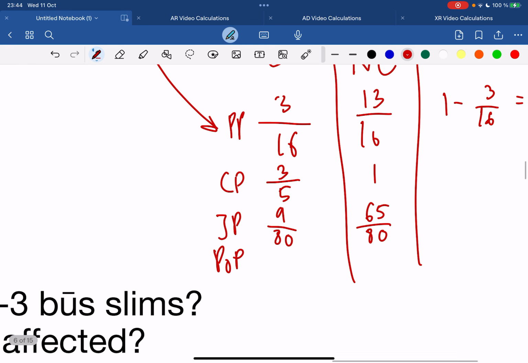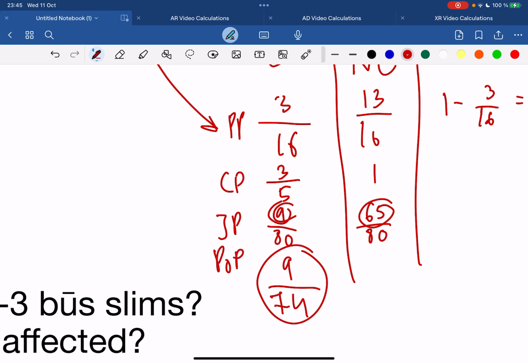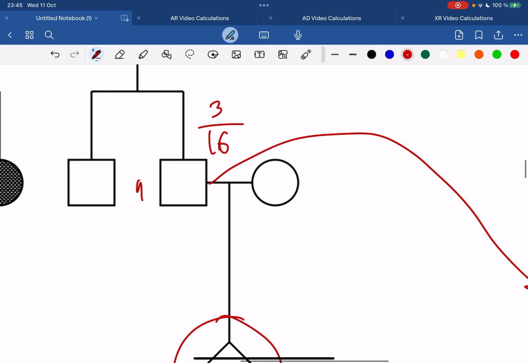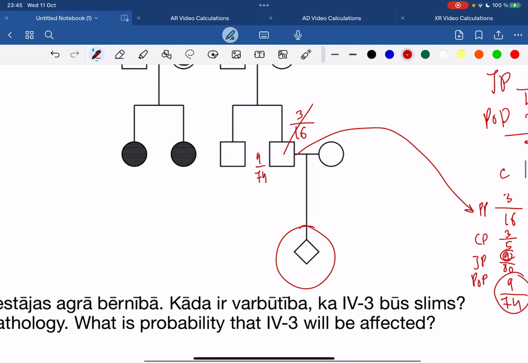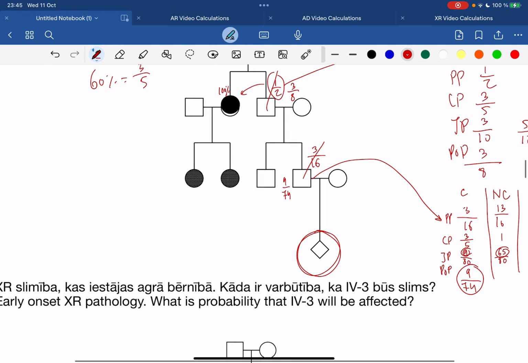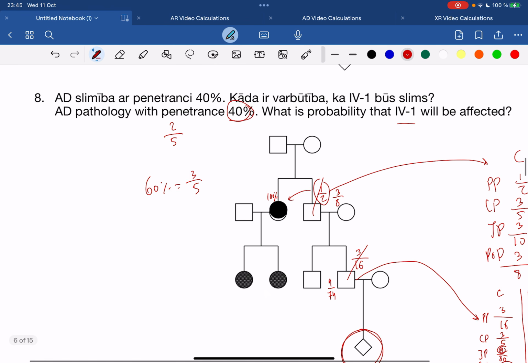And then we take everything together, 9 at the top right here, and then 9 plus 65 at the bottom, which would be 74, which is what we get for this person right here. 9 out of 74.